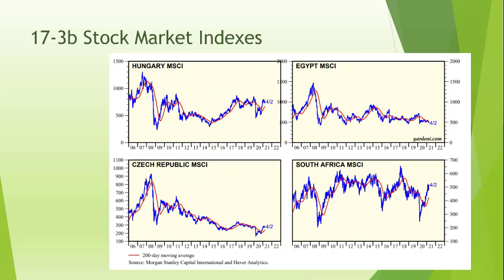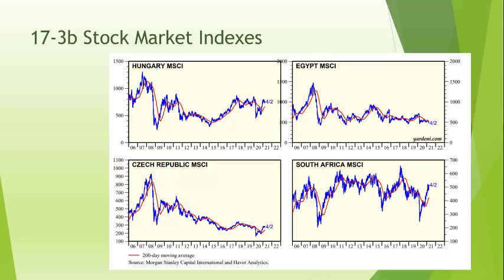Let's show you some other stock markets that have really done worse than the US. You can see that in 2008 in Hungary, for instance, their stock market was around 250. It's now at around, I don't know, 750, so it's 3 times. Egypt, bottom of the market was around 400, and that's where it is right now, so no change.